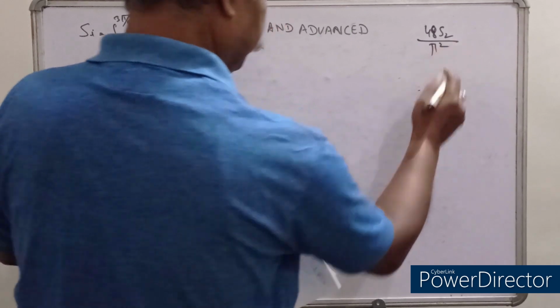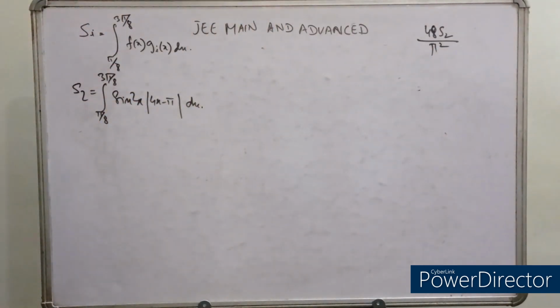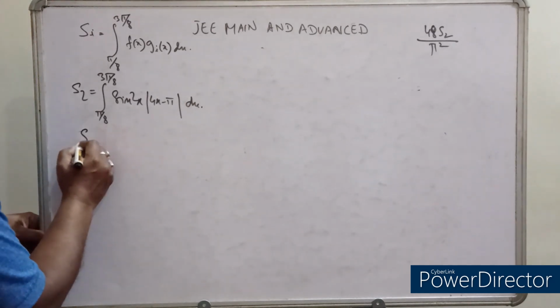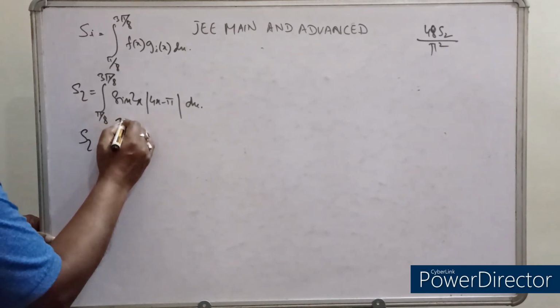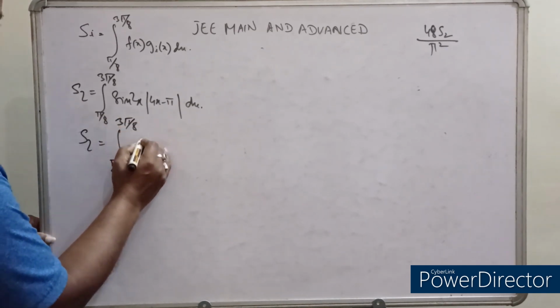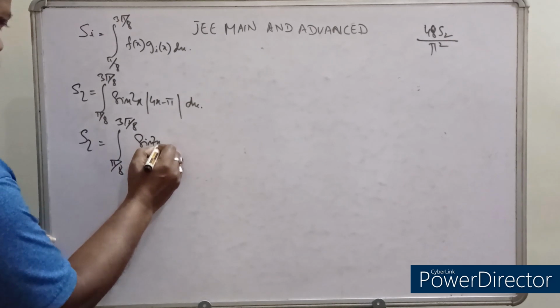We require this. So how to solve it? Now let us do one thing, that is S2 is the integral pi by 8 to 3 pi by 8 sine square x.